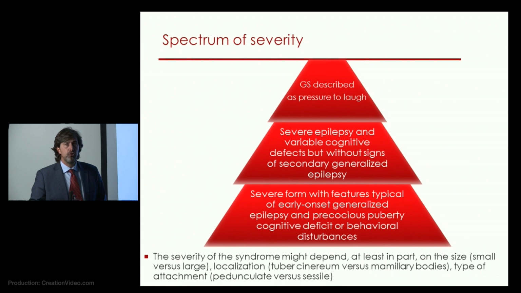And this is the spectrum of severity. From the top, the so-called benign gelastic seizure syndrome, with only events characterized by pressure to laugh. And on the lower part, the severe form that I already pointed out.